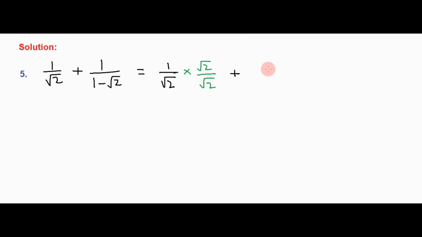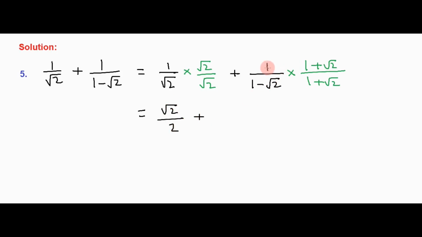Then for the second term, 1 over 1 minus the root of 2, we multiply both numerator and denominator by 1 plus the square root of 2. So then in the first term, 1 times root 2 is root 2, and root 2 times root 2 is 2, so we've rationalized the denominator here.